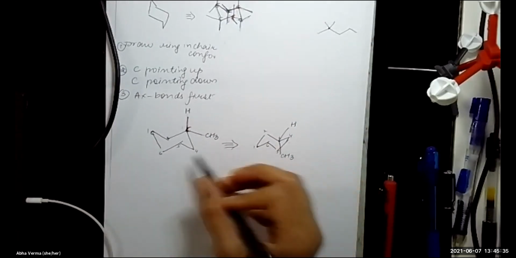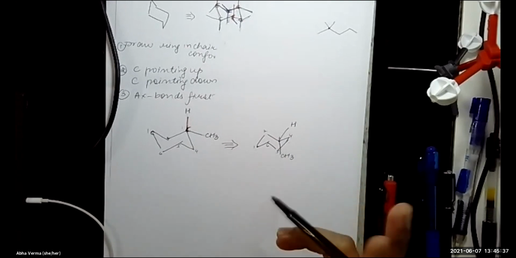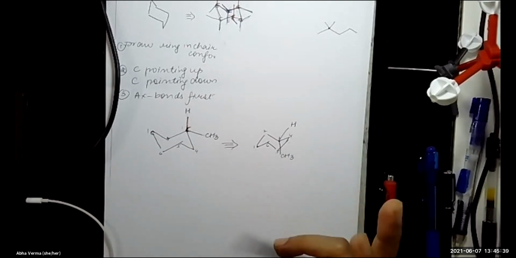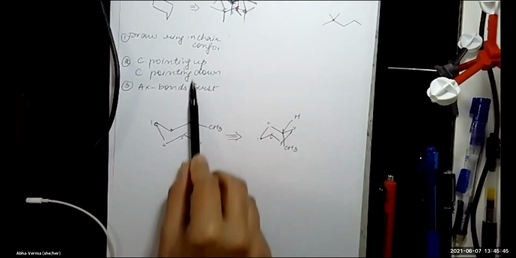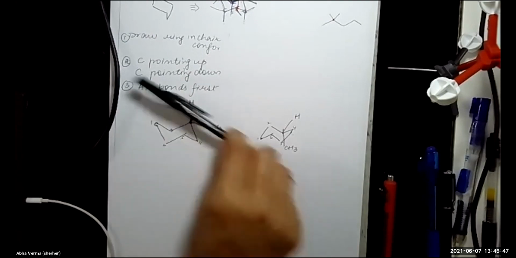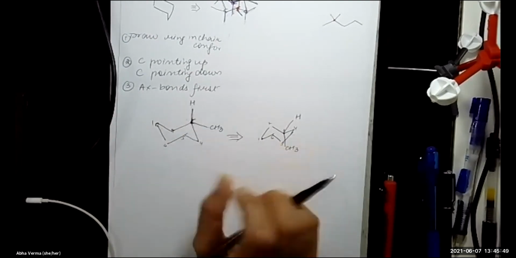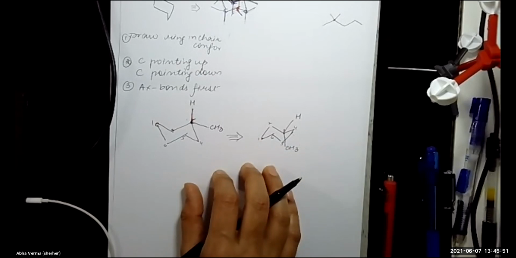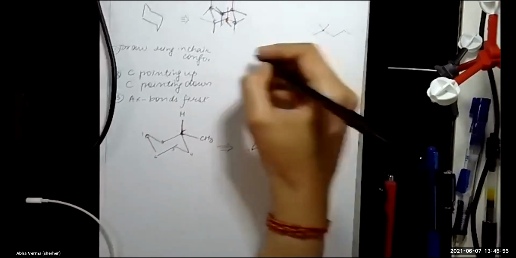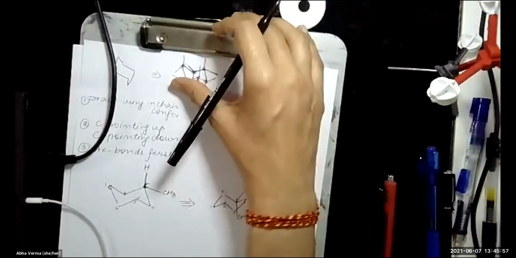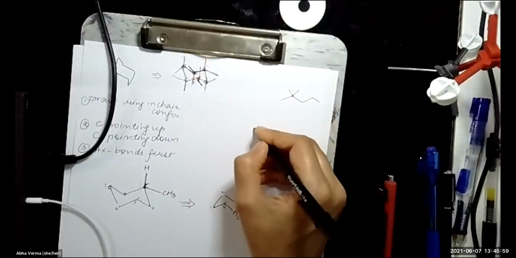Any questions from this part? Any questions? Do you all understand what is the axial location? What is the equatorial location? So the first thing that you have to do is you should be able to recognize if your structure has an axial location or an equatorial location.